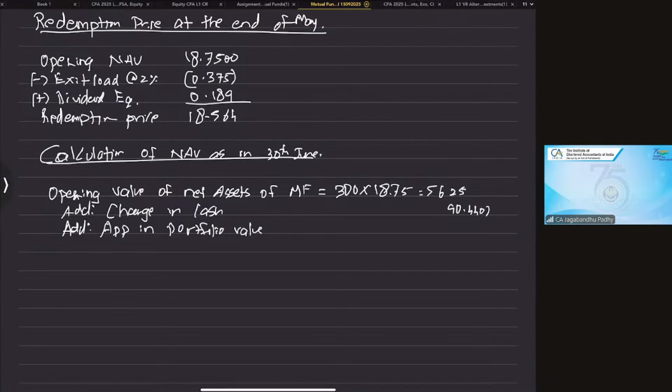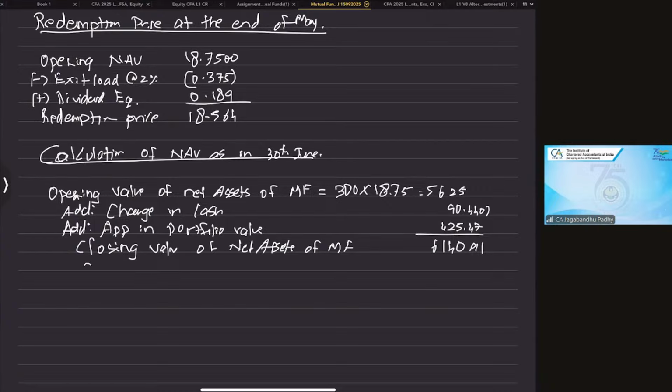How much is going to be the appreciation in the portfolio value? 425.47 lakhs. So what will be the closing value of net assets of mutual fund? 6140.91. The closing value of net assets of mutual fund is 6140.91.